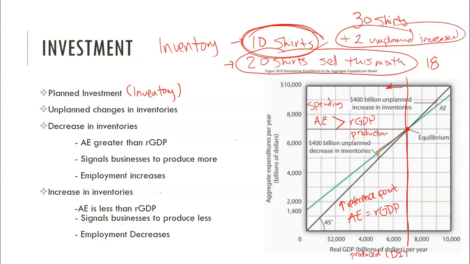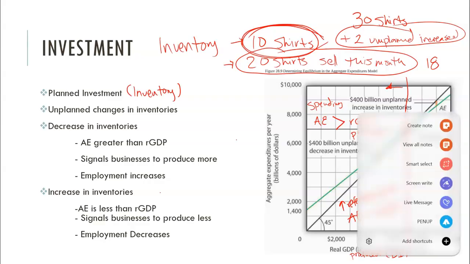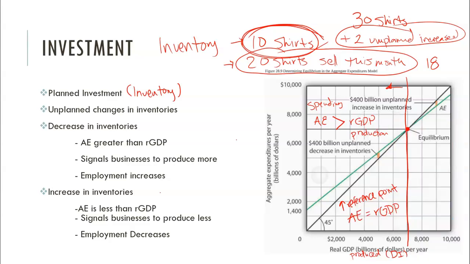So any points on our green line to the left of that equilibrium are points where businesses undercalculated how many customers they were going to have. They're selling 25 shirts when they thought they were going to sell 20. And so they're going to see a decrease in their unplanned inventories, right? They wanted 10 shirts, now they only have 5 left. They need to increase production.